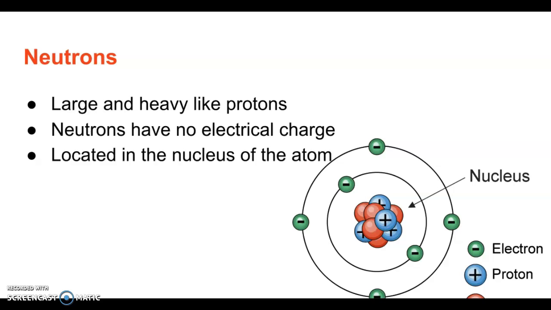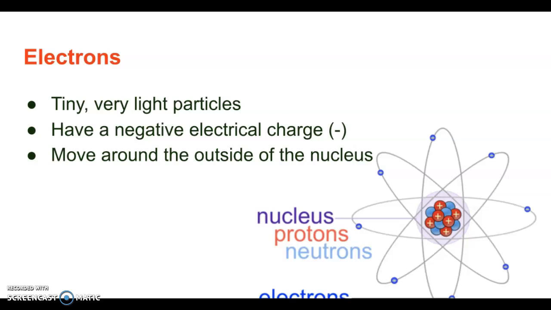That's why they contribute to the overall mass or the overall weight. Electrons, on the other hand, okay, they're extremely small, they're extremely light, they barely have any mass at all, okay? They are moving around the nucleus, so they're outside in these rings, okay? We call these rings orbitals, and they have a negative charge.